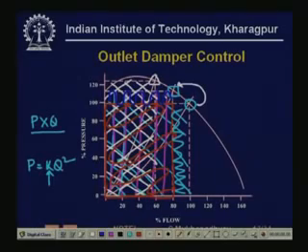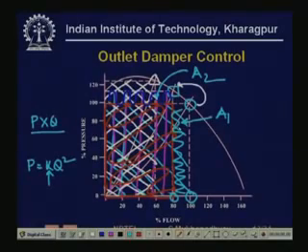The energy saving comes down to the difference between this area A1 and this area A2, which is very low. Even if you have come from 100% to 80% flow, the energy has not fallen by that much. The energy has fallen only by the difference between these two areas.